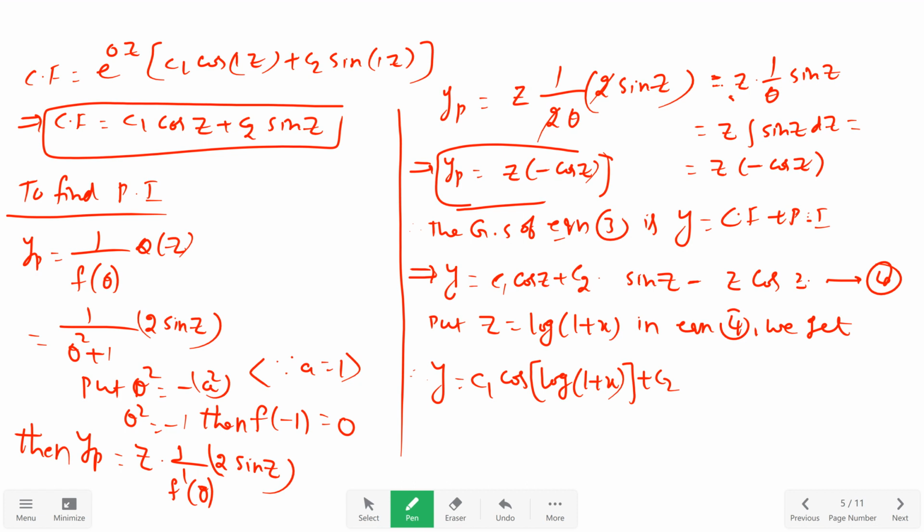So c1 into cos of z, that is log of 1 plus x, plus c2 into sin of z, that is log of 1 plus x. Next, minus z, that is log of 1 plus x, into cos z, that is cos of log of 1 plus x.